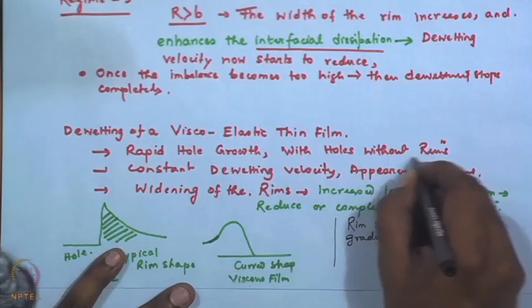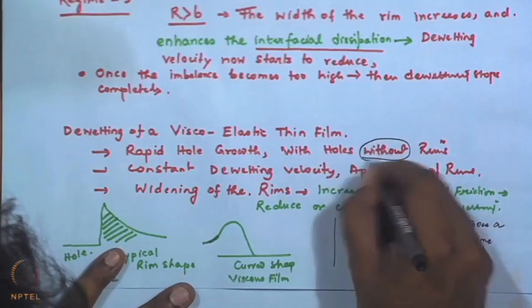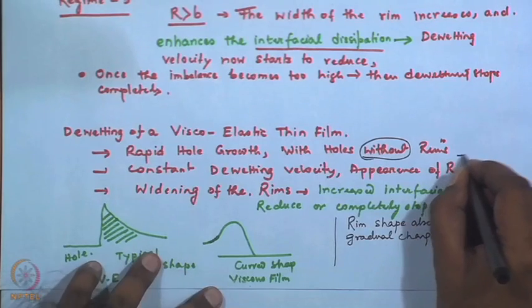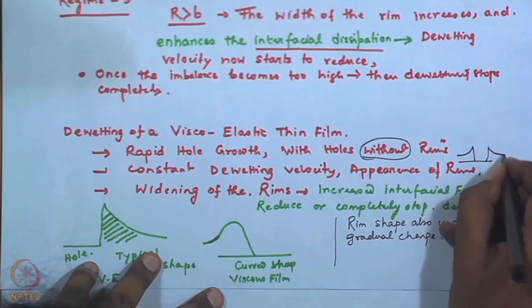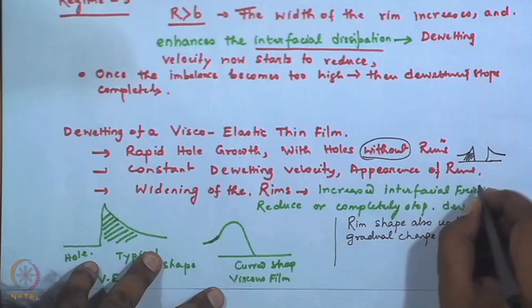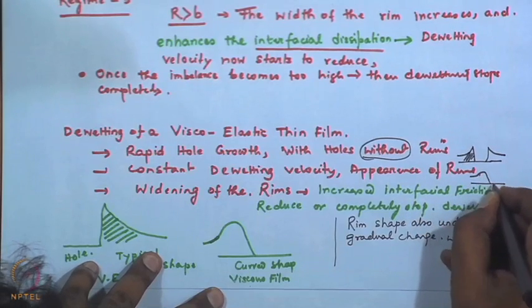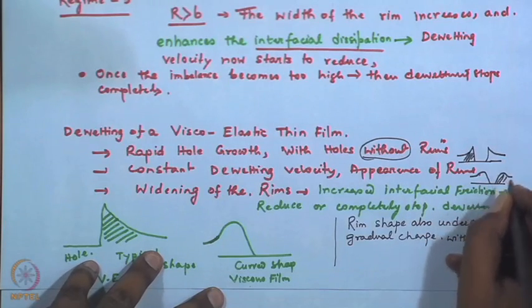So, here no rims, then appearance of rims, initially they are highly asymmetric rims, and at the later stage they become much more circular in nature.